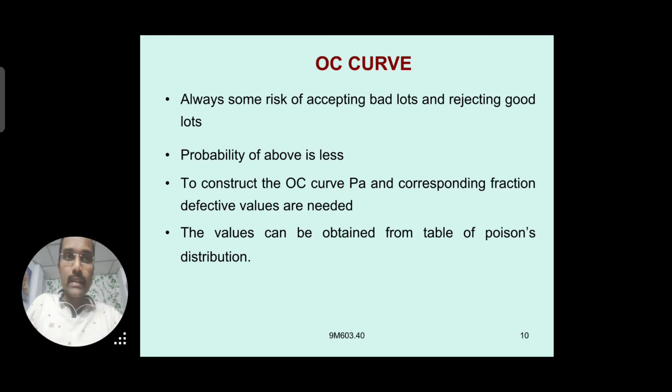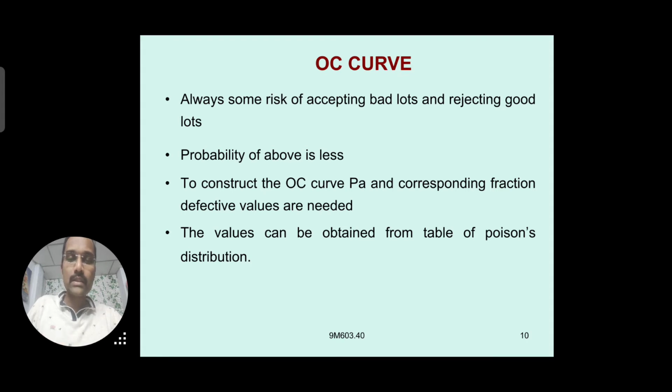we are considering this as one sampling plan. In a sampling plan, some risk always remains. Why? Because there is a chance of accepting bad lots and a chance of rejecting good lots. So it will not give results like 100% inspection.